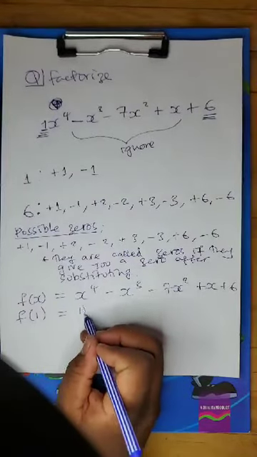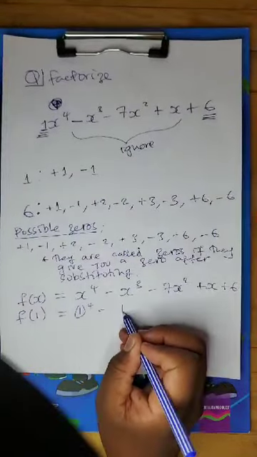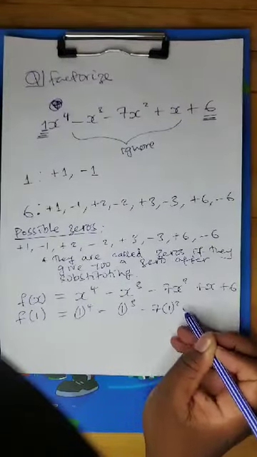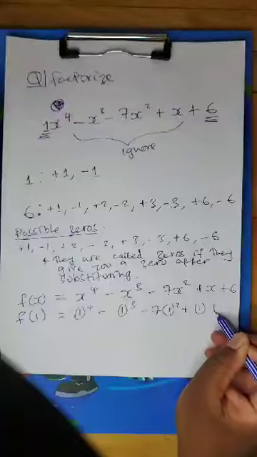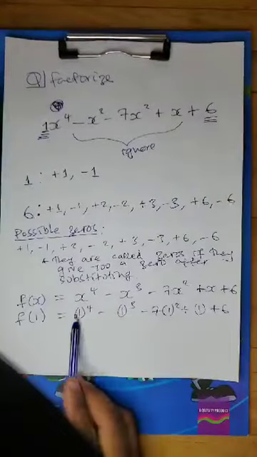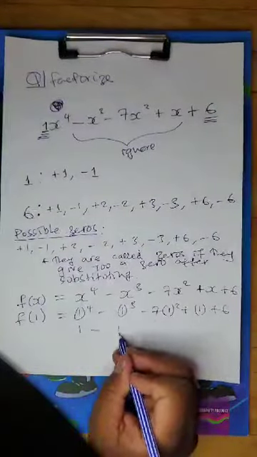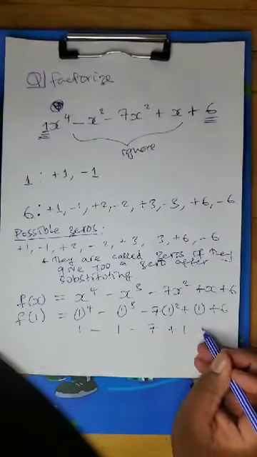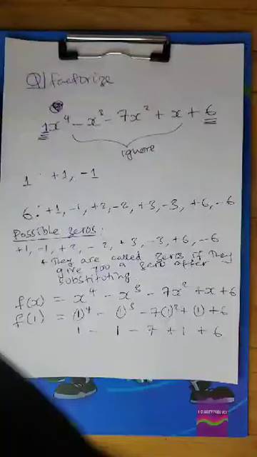This is going to be 1 to the power 4 minus 1 to the power 3 minus 7 times 1 to the power 2 plus 1 plus 6. This will just give us 1 minus 1. This will just give us minus 7 plus 1. Then that will give us plus 6.